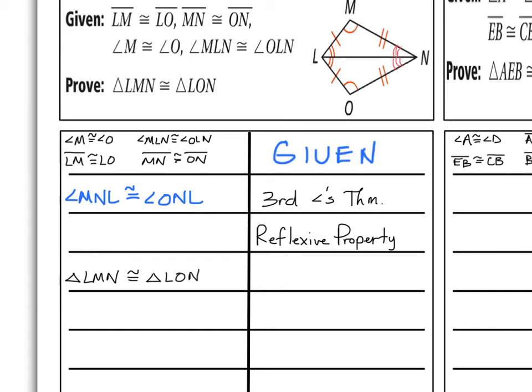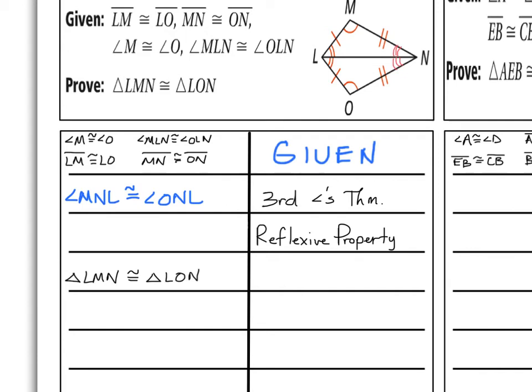Okay? Now, as you look at the picture, the one thing that's missing is the middle line. The middle lines are not marked congruent yet, but we said a reflexive property. Now, you'll notice as you look again, this middle line doesn't have a marking on it. Well, they both share this middle line, so therefore, in each triangle, if they share it, they both have the same thing, which means that they're congruent to each other.